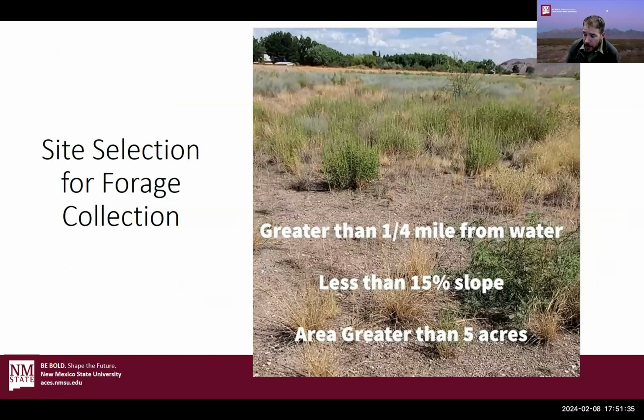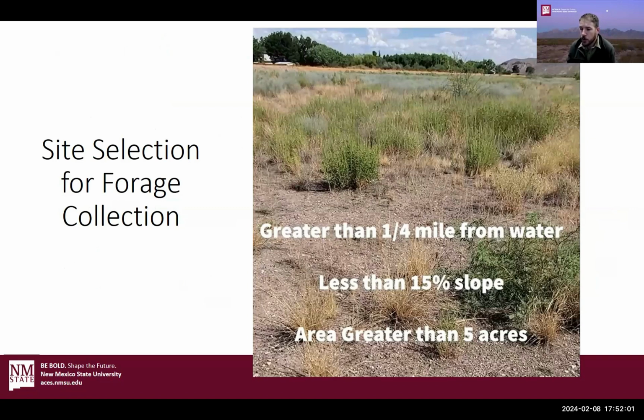A key thing about collecting the amount of forage is you've got to be really, really careful in your site selection, because not all range is created equal. You're going to have more grass over here, less grass over here, more bare ground, more forbs, more brush.